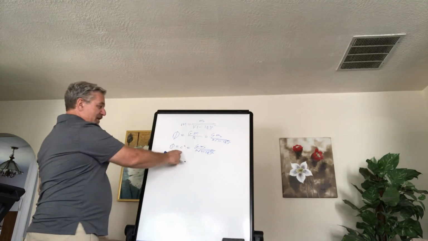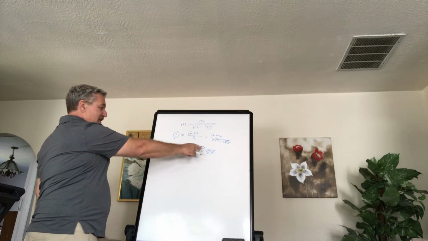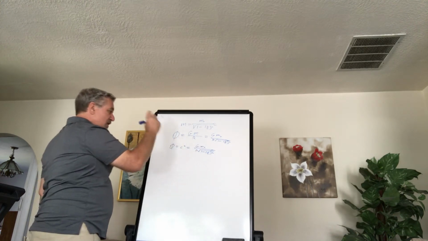This is where the upper limit occurs. There's a certain velocity at which the potential equals the speed of light squared.